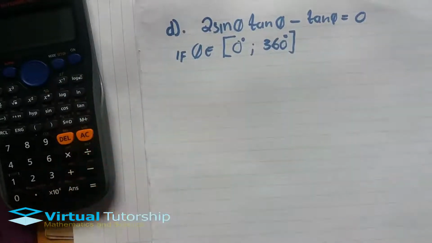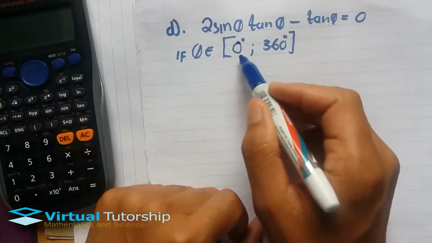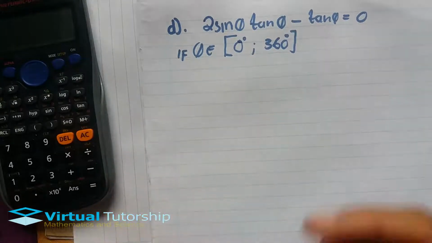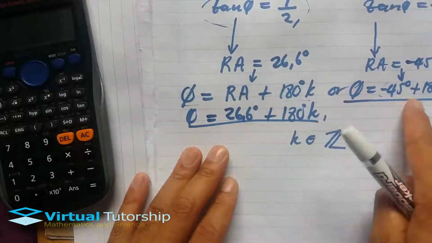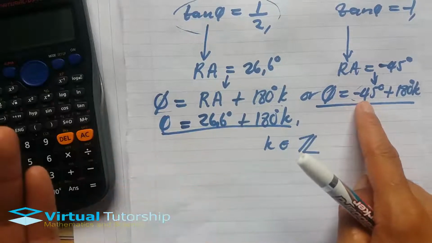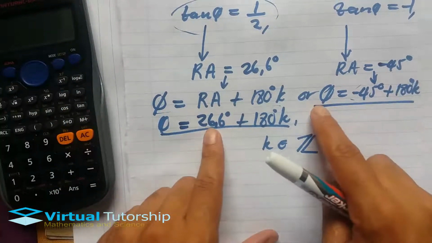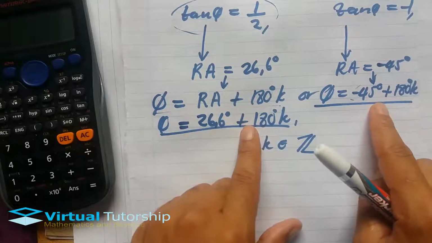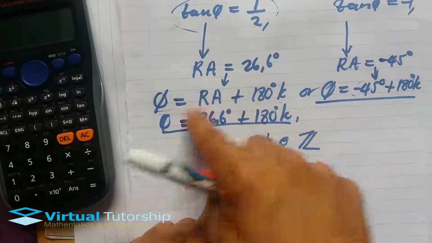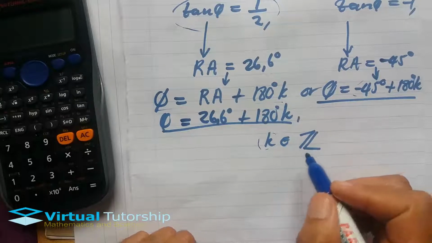You are given an equation, but this time your solutions are restricted. The solutions we found previously are general, because k can be any integer.